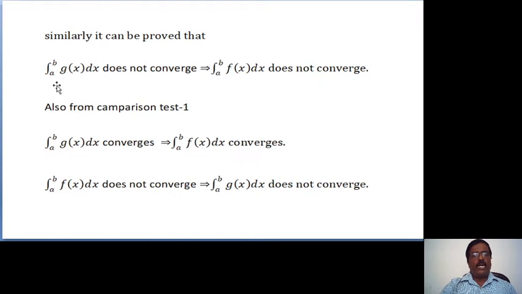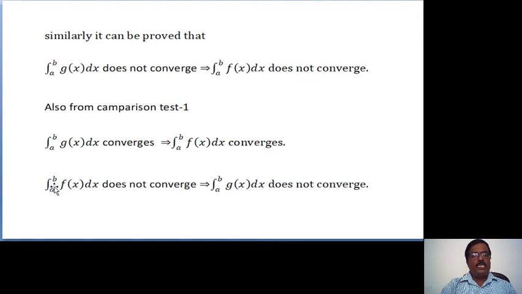Similarly, it can be proved that if integration from a to b g of x dx does not converge, then integration from a to b f of x dx does not converge. Also, from comparison test 1 we have proved that if integration from a to b g of x dx converges, then integration from a to b f of x dx converges.